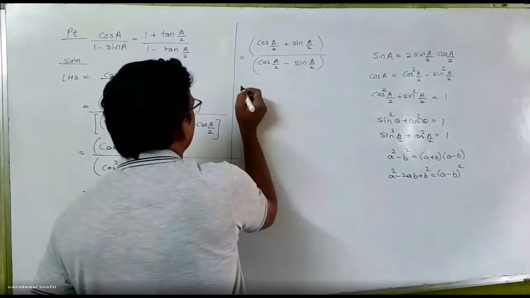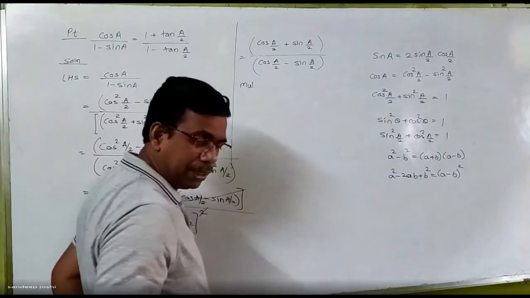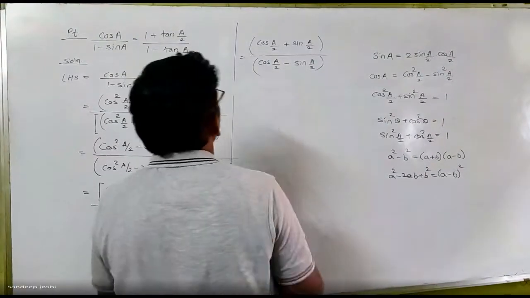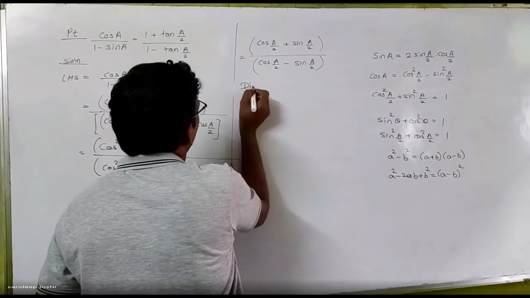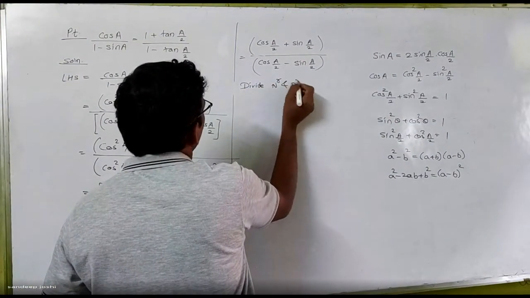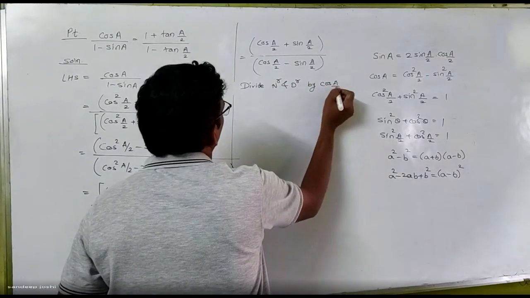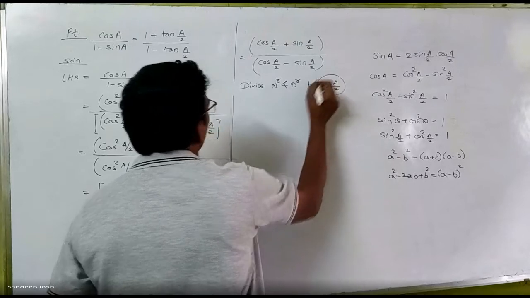What is the important step? Multiply, or directly you can write divide. We can say divide numerator and the denominator by cos A by 2.